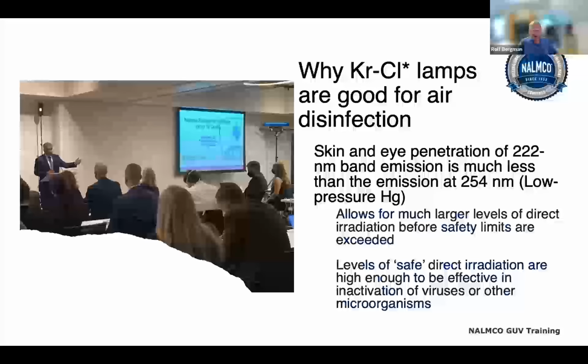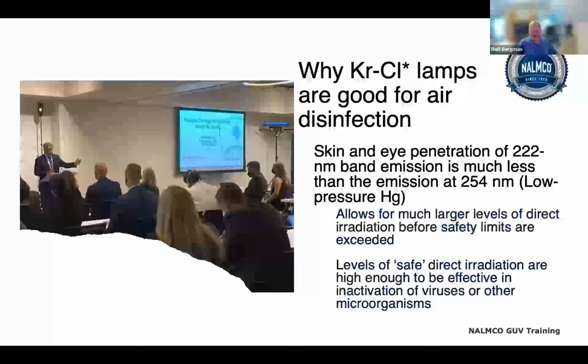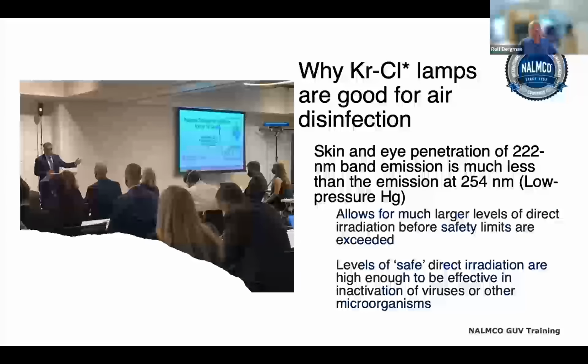Since the radiation does not penetrate the outer layer of the skin, it does not reach the underlying active layer of the skin that creates the sunburn kind of effects or even cancer. So this allows the lamp emission on contact with the human body to be significantly higher than that for 254.